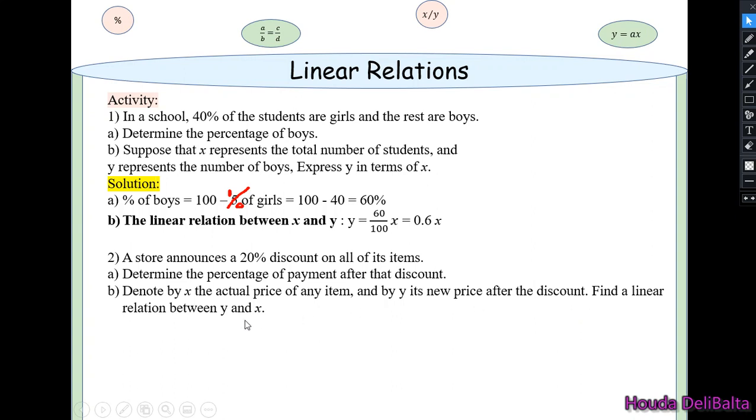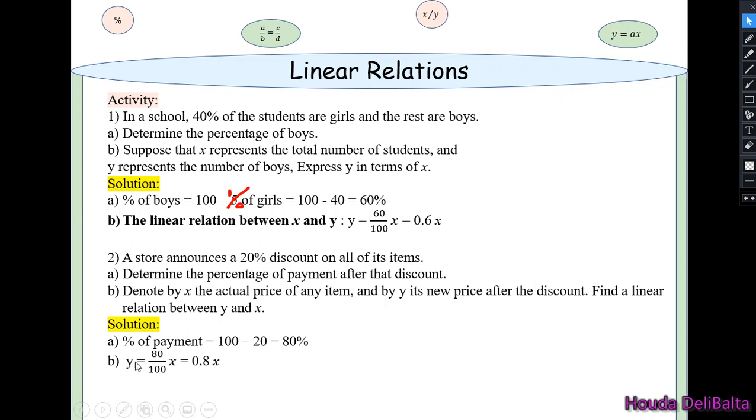Again, I have two unknowns, X and Y. X represents the actual price and Y represents the new price after the discount. Now how to find this relation? So part A, all I have to do is to find the percentage of payment, which is 100 minus 20, which is 80%, as I told you. Now to find the relation, I have to use this percent, which is 80%, to write Y, which represents the new price, is equal to the percentage I'm going to pay of the initial price.